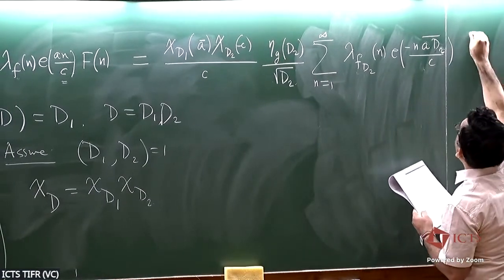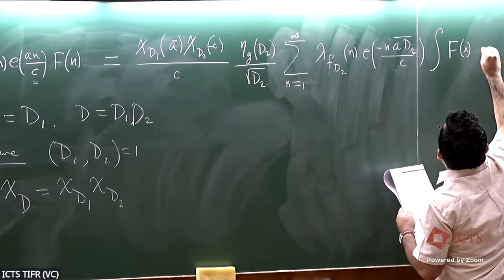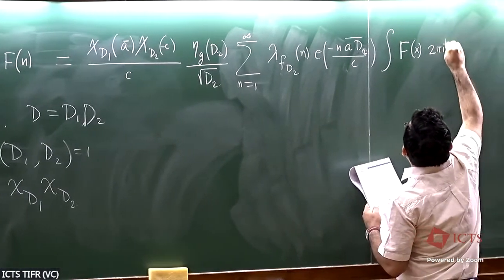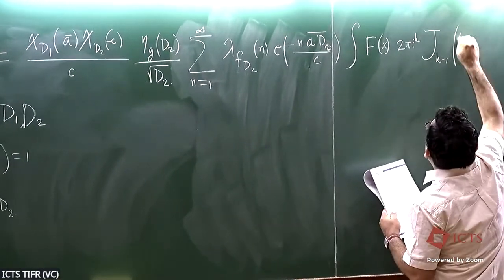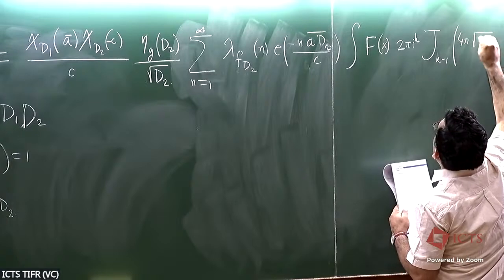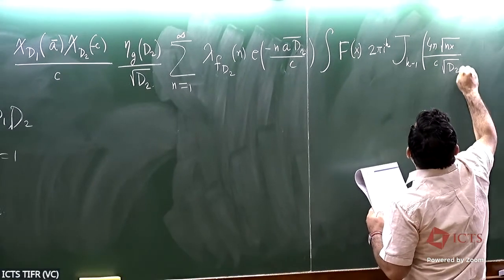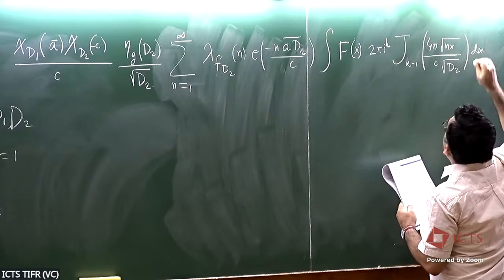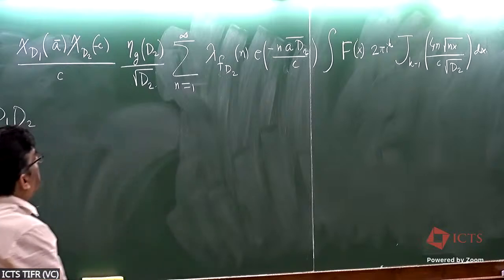Then we have an integral of f(x) 2 pi i to the power k, the J Bessel function J_{k-1} of 4 pi root(nx) / (c square root of D2). That's the formula.